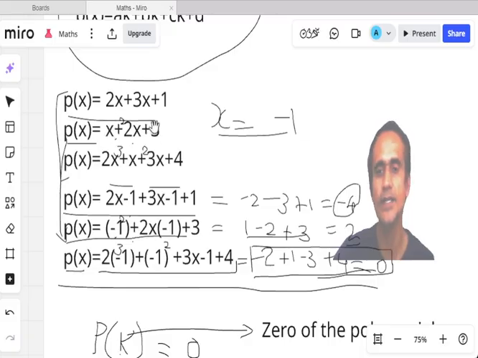So is there any relation between the 0 of this polynomial and these coefficients and constant? That we will find out. For a linear equation we have found that k is equal to minus b by a. Now we will try to find out for a quadratic equation.